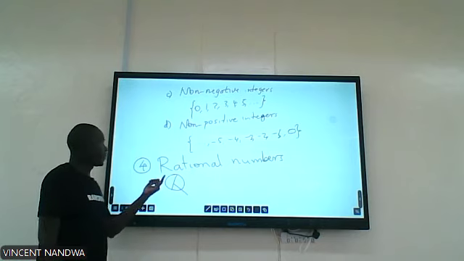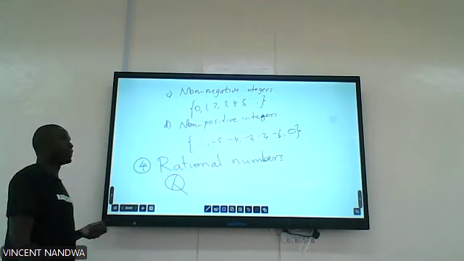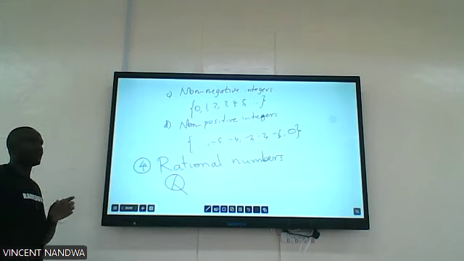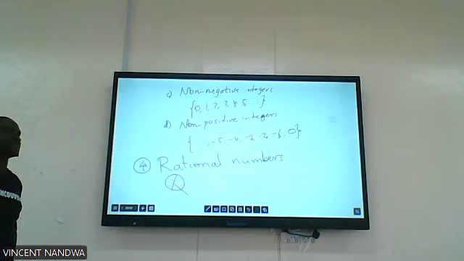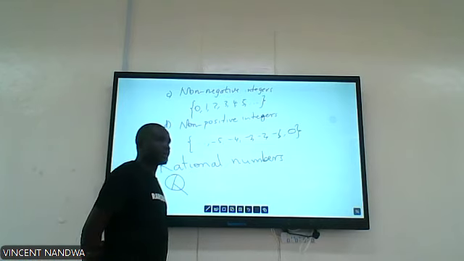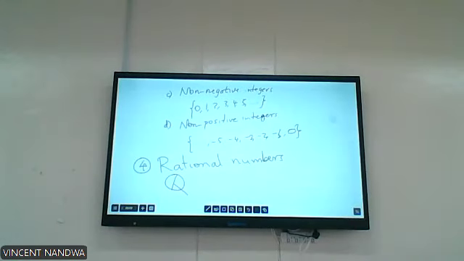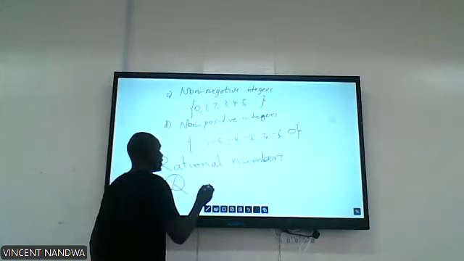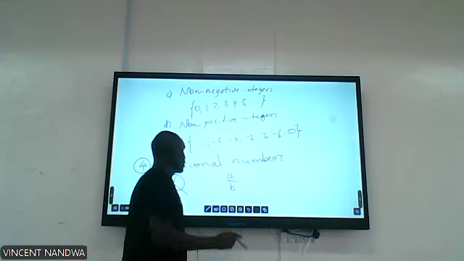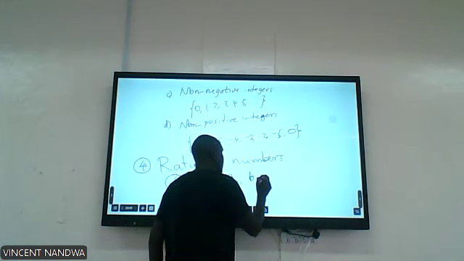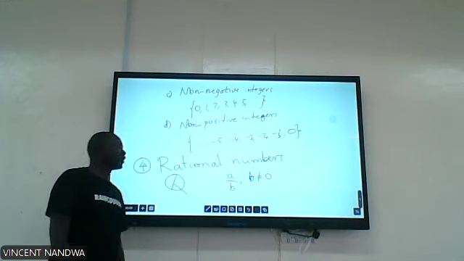So a rational number is any number obtained by taking the ratio of two integers, say A and B. So we write this as A over B, where B is not 0.